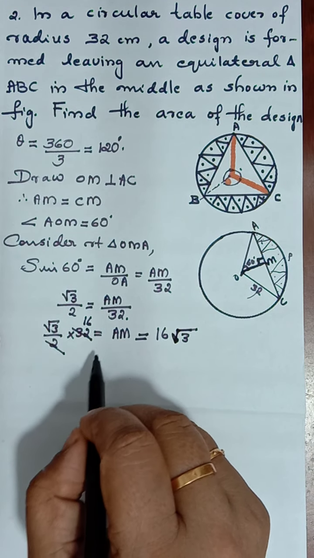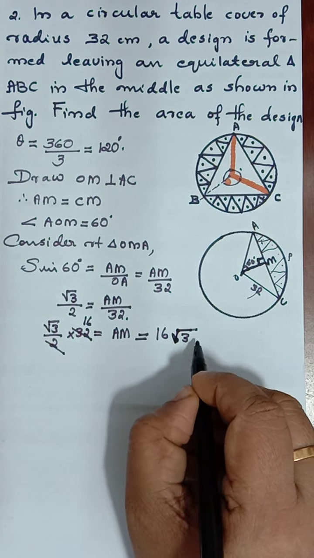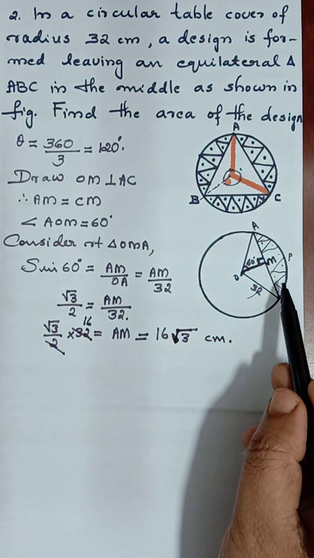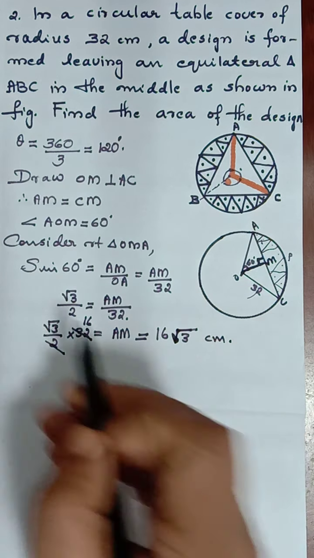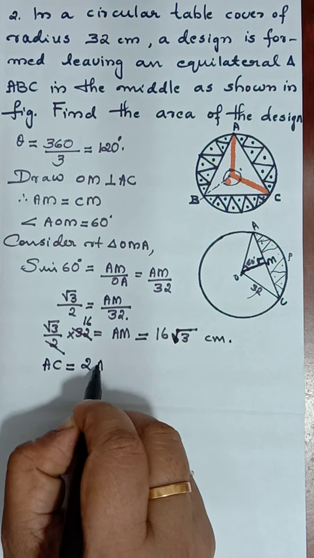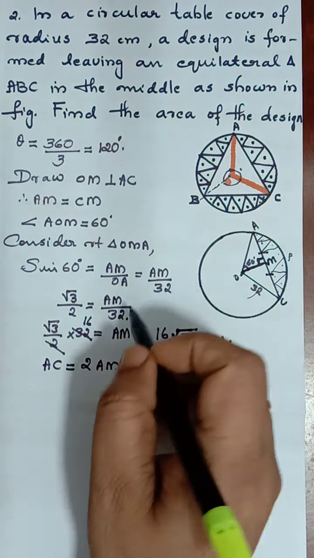16 root 3 unit you can write. AM means only the length. It is 16 root 3 centimeter. So what will be AC then? Is it 2 times AM? That's what I said, AM and MC are equal.